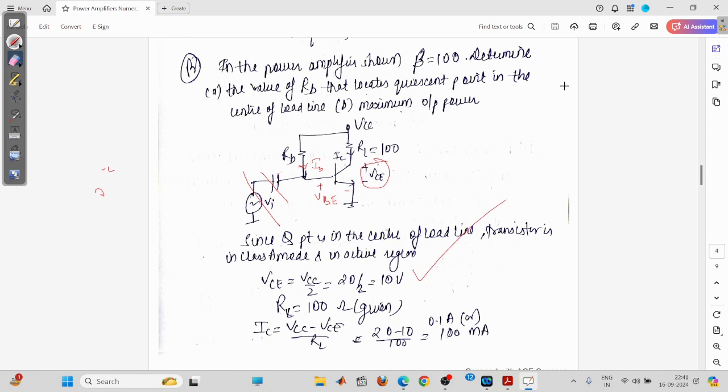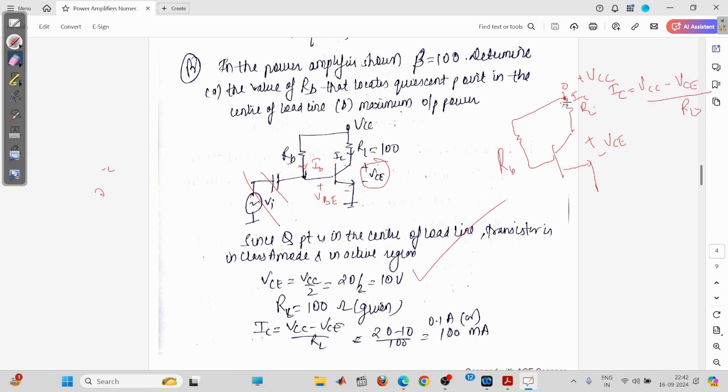So now you can see here this is plus VCC, then there is RL, and you have plus minus VCE. This is RL, no? The voltage at this point and the voltage at this point give the current IC. So IC will be equal to VCC minus VCE upon RL.